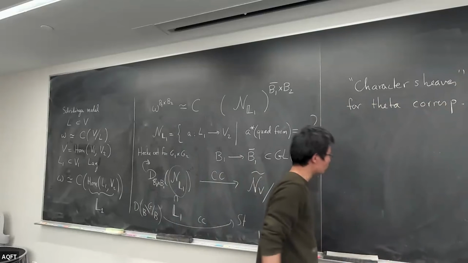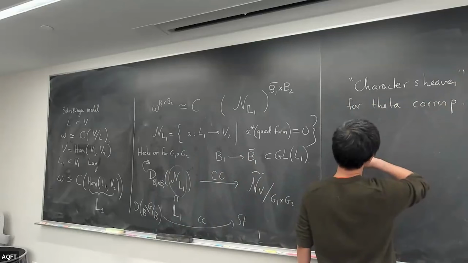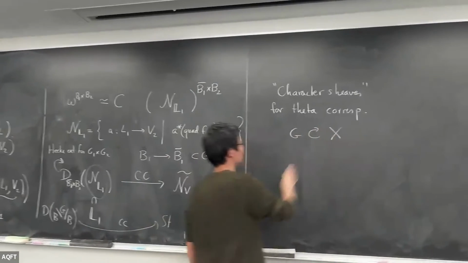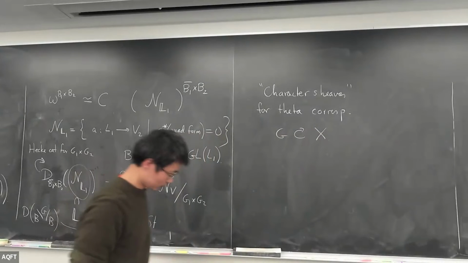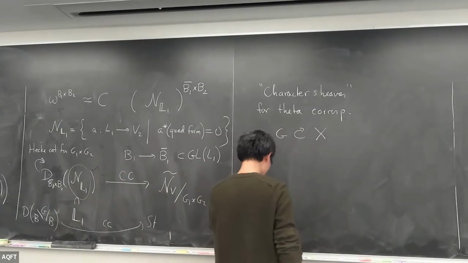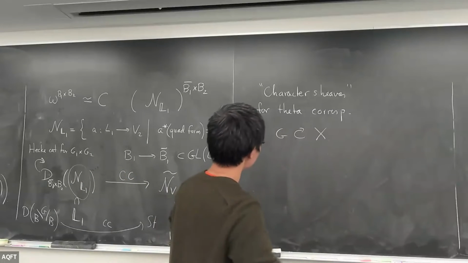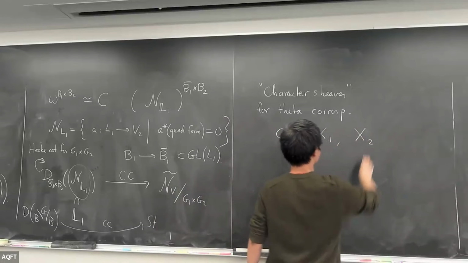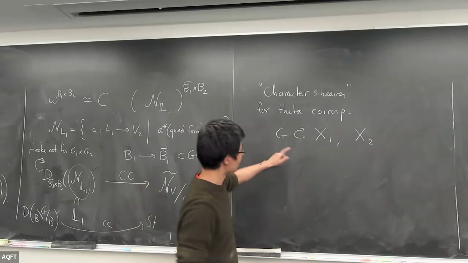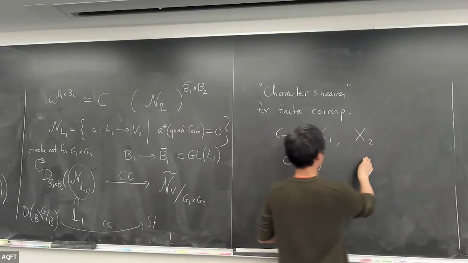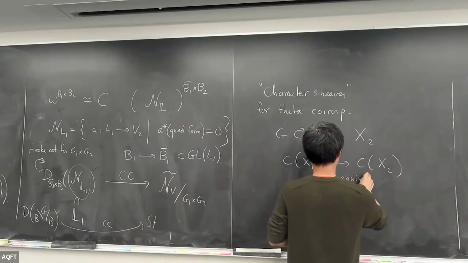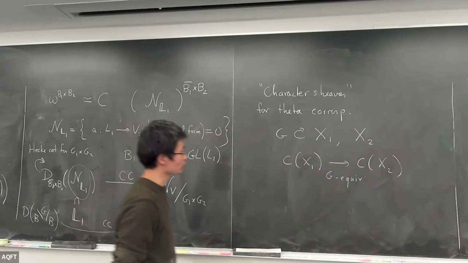When we study this relative Langlands situation, we have some spherical G variety, and at the level of functions, we want to understand how G acts on functions on X. Now, if we have two such things, one meaningful question is to study intertwining operators, G-equivariant maps from one space to another space.